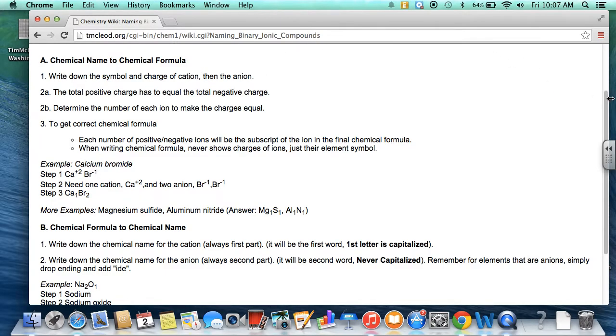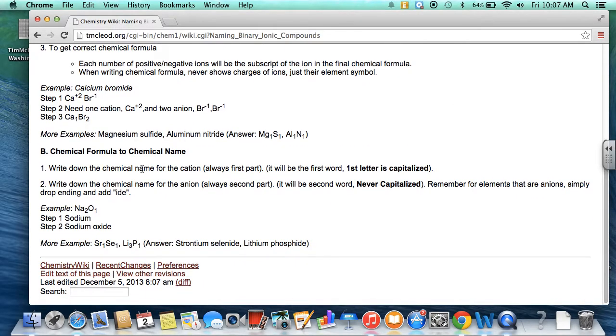In reverse, you can also have a chemical formula, and you have to give me the chemical name. The example here is Na2O1. Na 1 plus has the name sodium, and the O1 is the indication it's only O, because O is -2, and again the subscripts are the way they are because of what we talked about in the previous example.